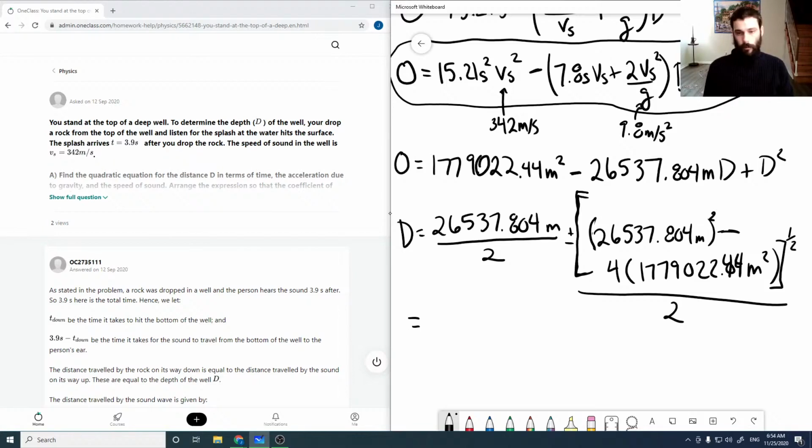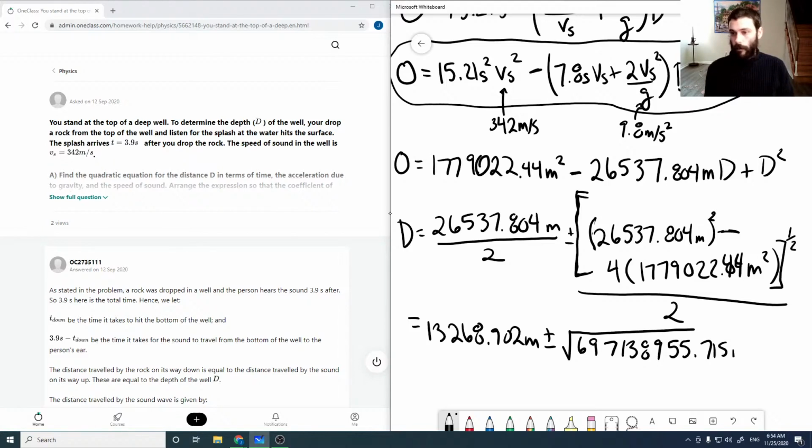So when we work this through a bit, we're going to get 13,268.902 on this side, and plus or minus the square root of 697,138,955.715 meters squared over 2 on that side.